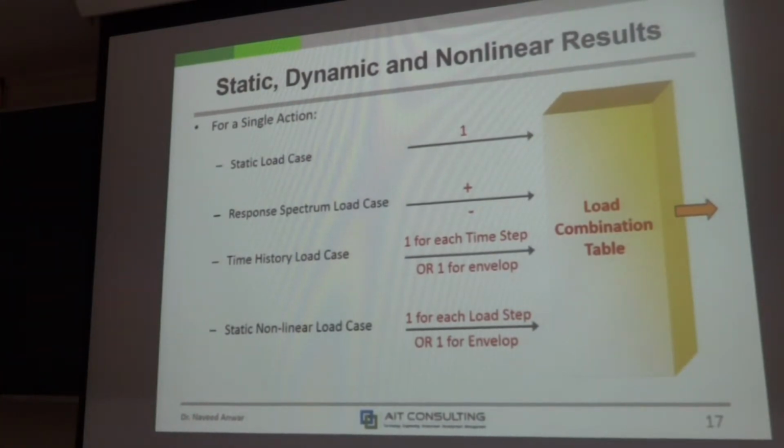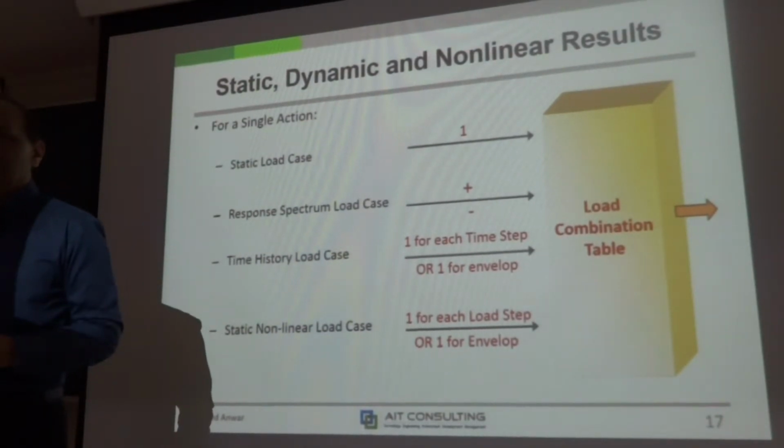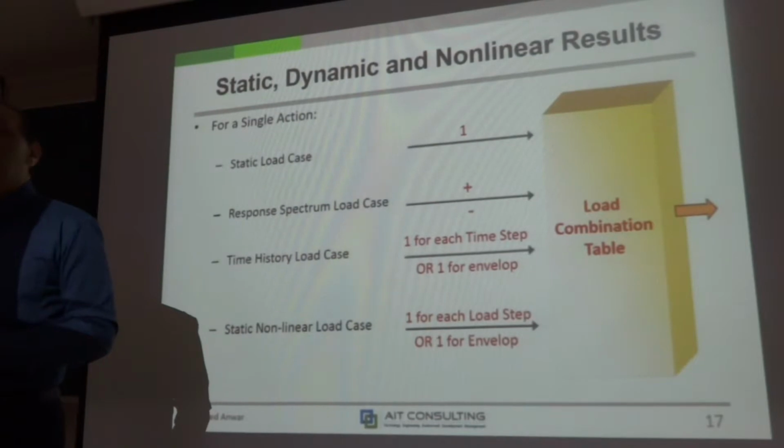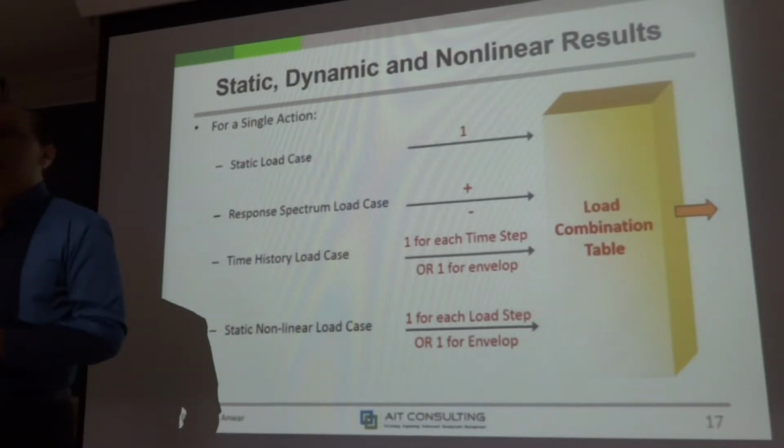So for combination, let's say the earthquake lasts 30 seconds, and normally we will analyze that in 3000 steps, right? About 100 steps per second or something like that. 3000 steps.